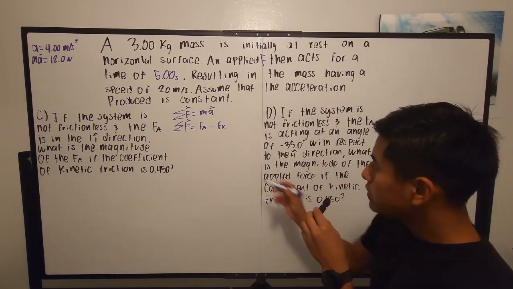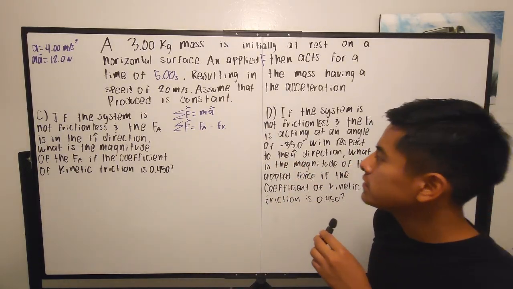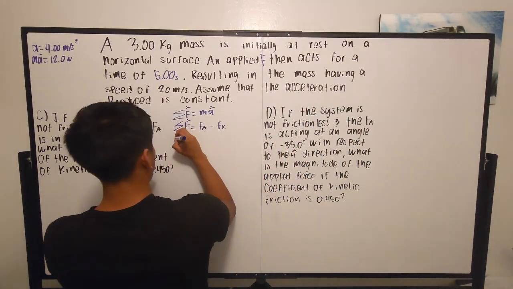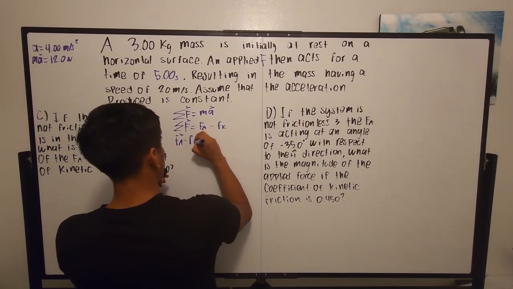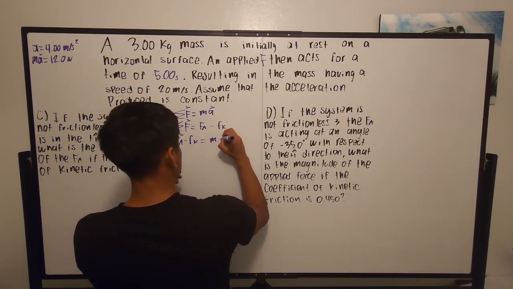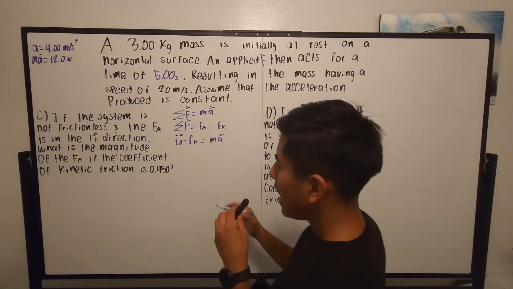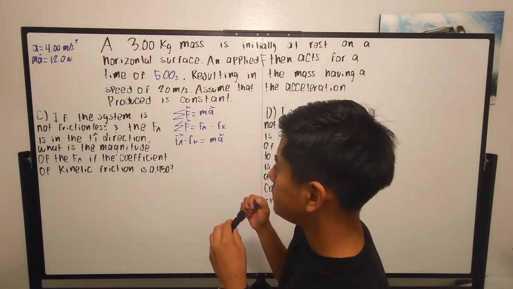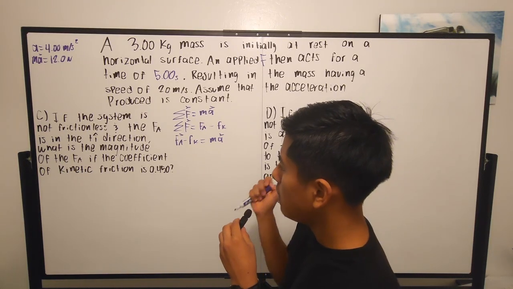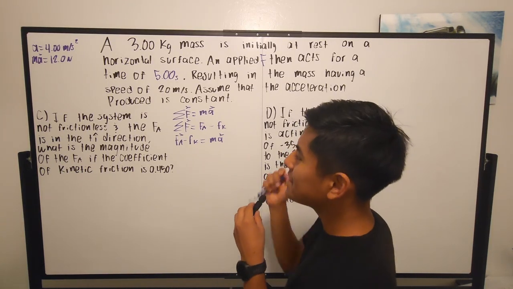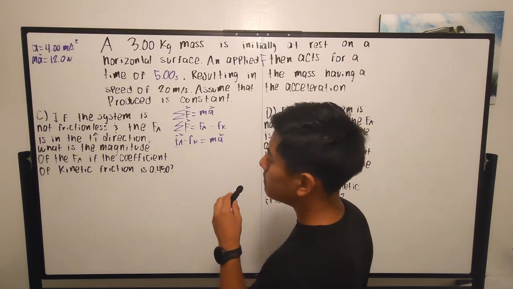And now what we can do is set these two equal to each other since they're both equal to the sum of all the forces. So we will have the force applied minus the force of kinetic friction equals mass times the acceleration. Now, since it's asking us what the magnitude of the applied force is, we want this guy, and we want him to be alone.